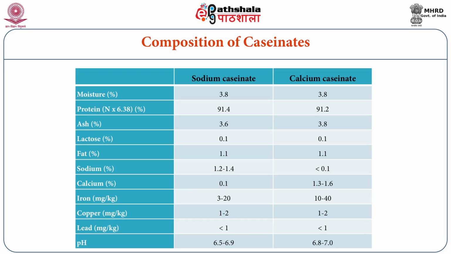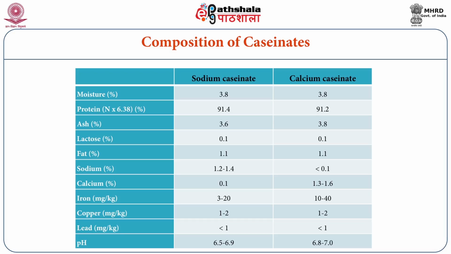The moisture content for safe storage of dried caseinates should be less than 4%. So, in this case, the moisture content of sodium caseinate as well as calcium caseinate was found to be 3.8%. The protein content of both the calcium caseinate as well as sodium caseinate was nearly 91%.